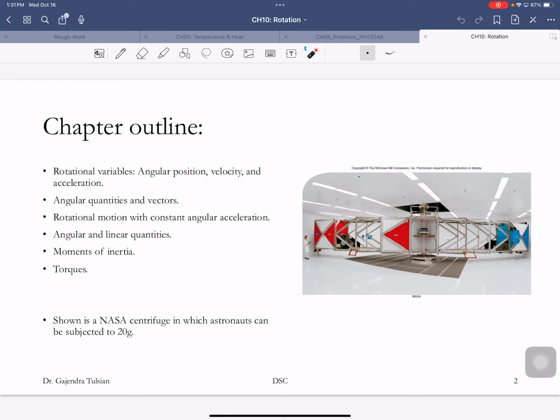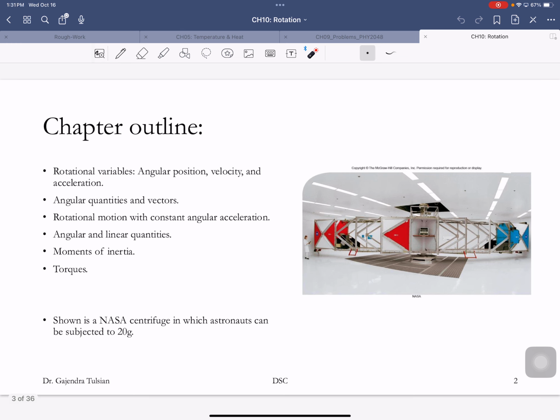Now it's at 180 degrees. What angle did this rotate through? 90 degrees. What angle did this point rotate through? 90 degrees. So you see every point on that object rotated through 90 degrees.